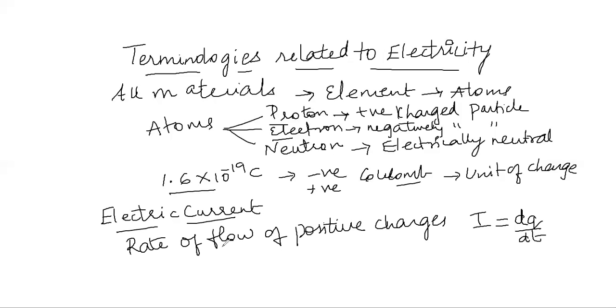If this particular current is flowing in one single direction, then we call it as unidirectional current. Suppose if we have time on x axis and the current on y axis, if it remains constant with a magnitude, then such a current we call it as unidirectional current.